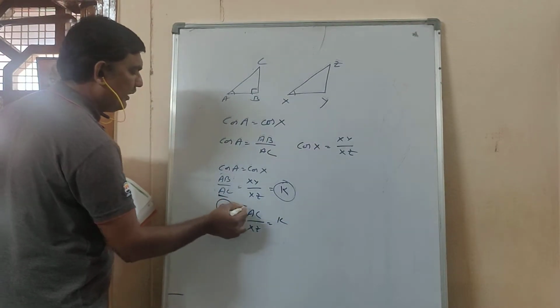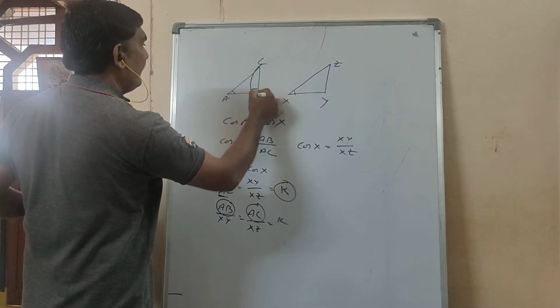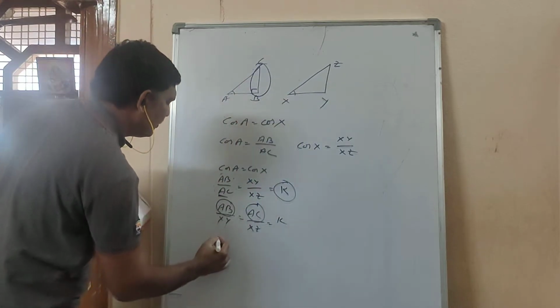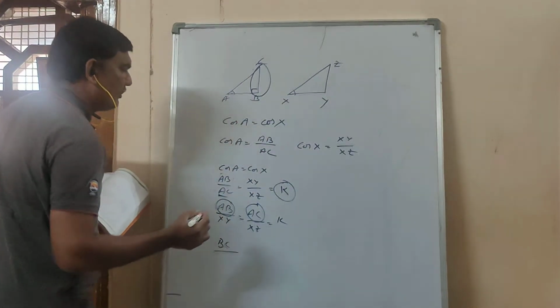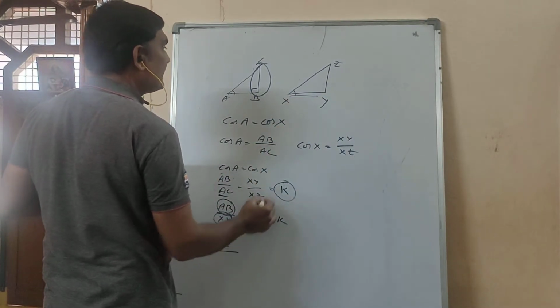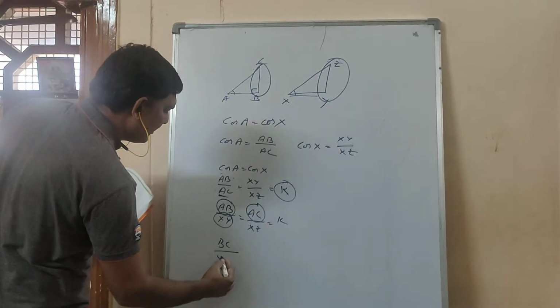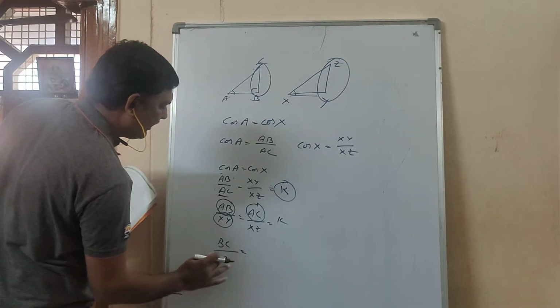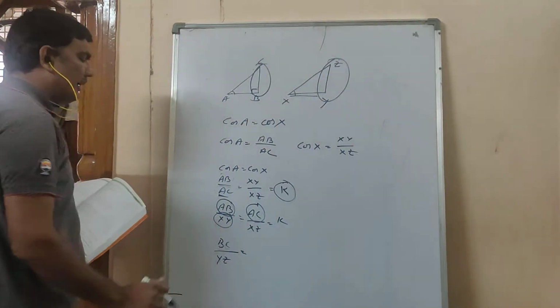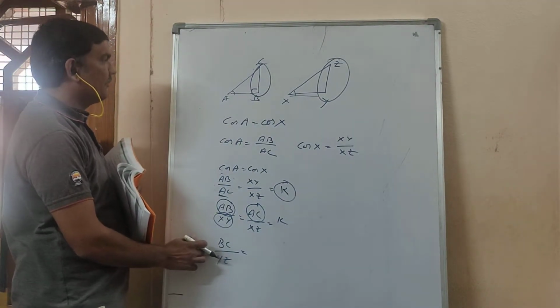Here you have AB and AC. Which side is not there? BC. So BC divided by XY is there, XZ is also there. Which side is not there? YZ. So you are calculating the value of BC by YZ.